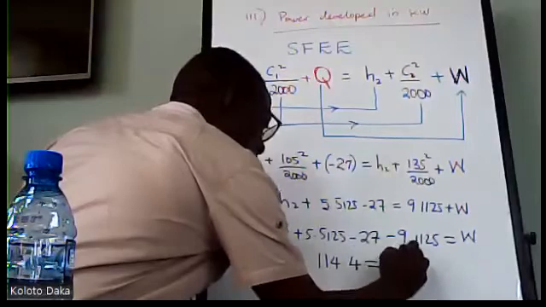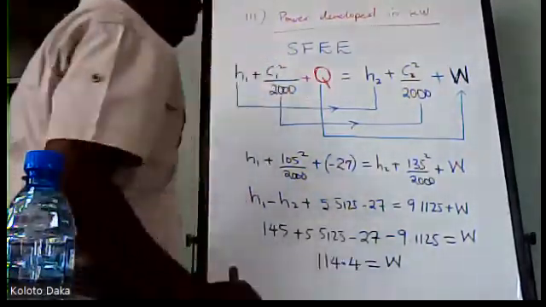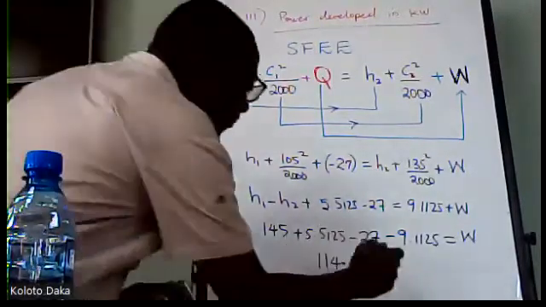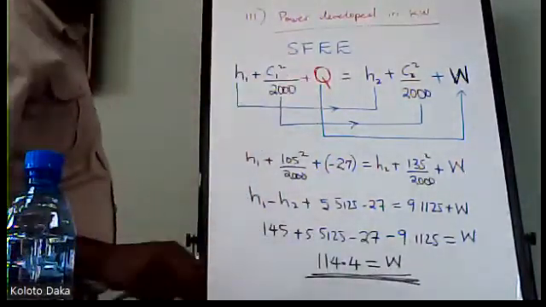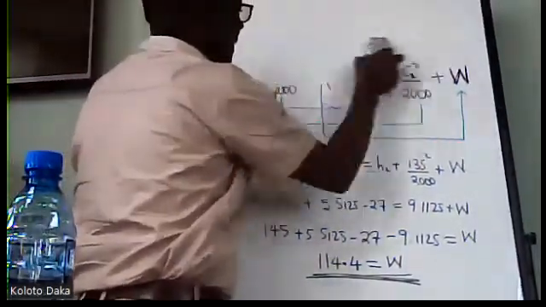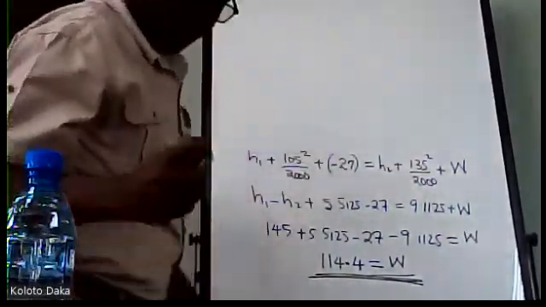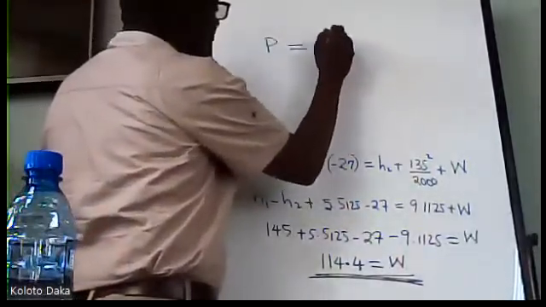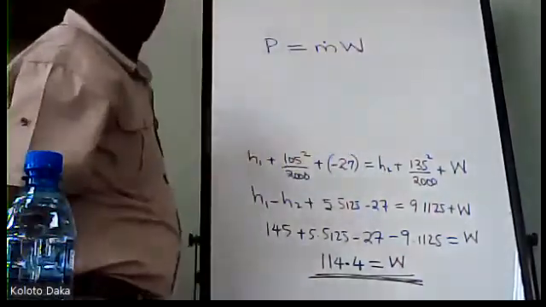114.4 is equal to work, and this is in kilojoules. Once you find work, it means you have found power. How? Don't worry, I'll send you the video. Power is equal to mass flow rate multiplied by work.